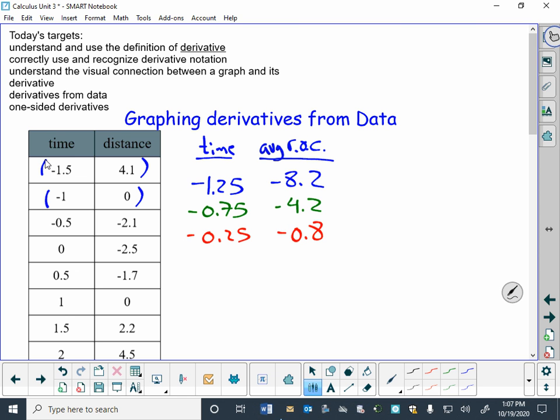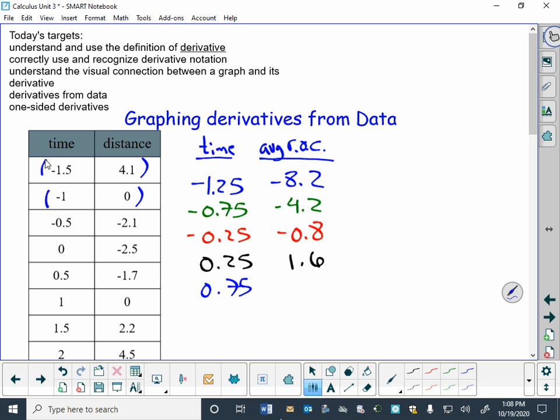This would be a positive 0.25 there. And negative 1.7 minus negative 2.5 is like a 0.8, divided by a half is a 1.6. Shifting the blue here again, this is a 0.75.